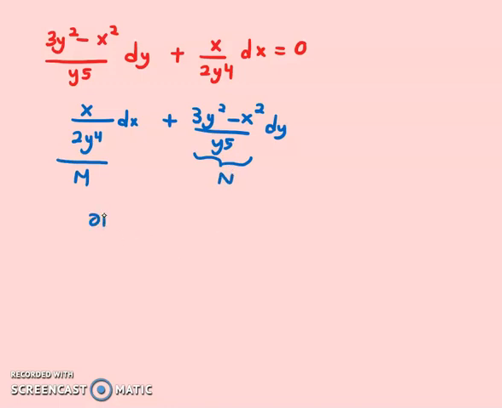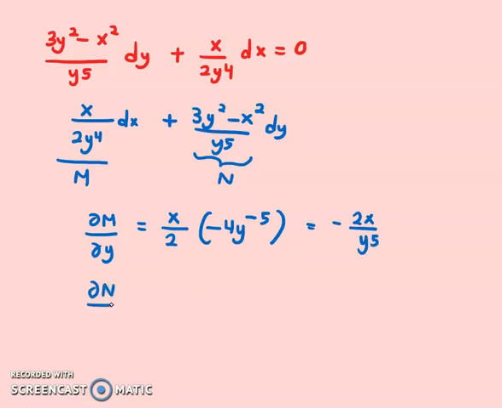So before we proceed, just check whether they are exact. With respect to y, what we have, this is a constant, then I have negative 4y^-5, negative 2x over y^5.